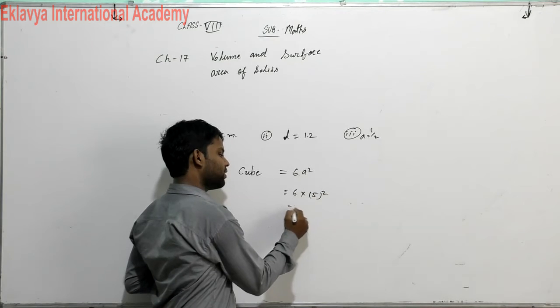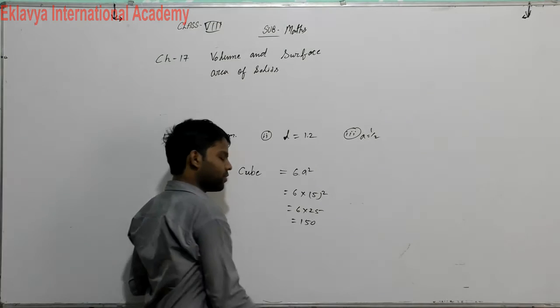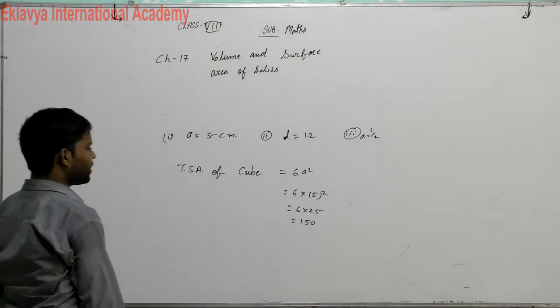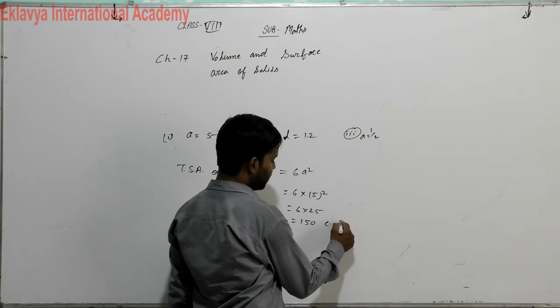Then 5 square, 6 multiplied by 25, 25 sixes are 150. So our TSA is 150 centimeter square.